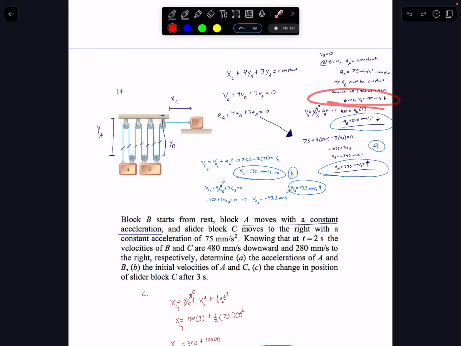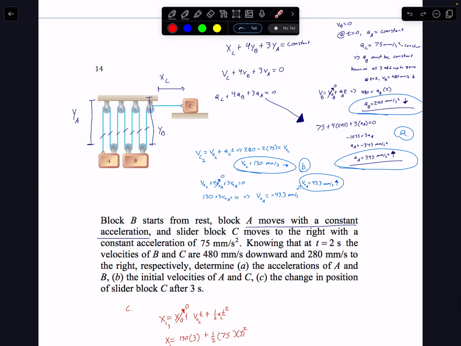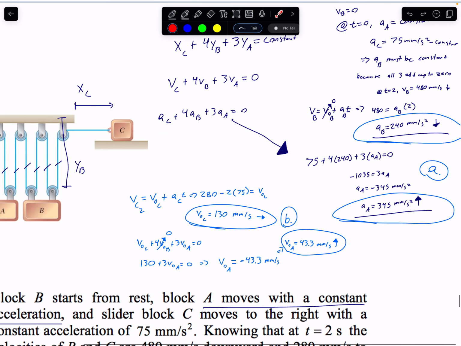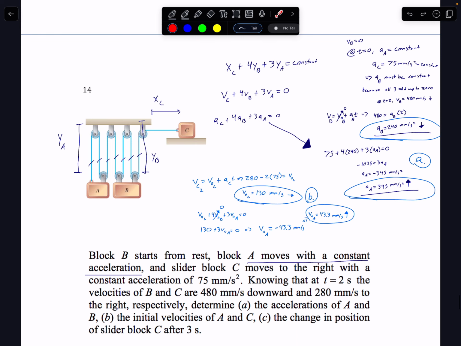All three have to add up to 0. And so we aren't given block A's acceleration, but we do have the velocity of B after 2 seconds, so we can find it.